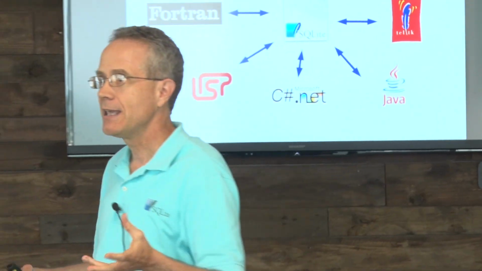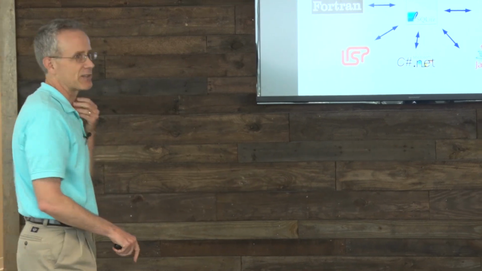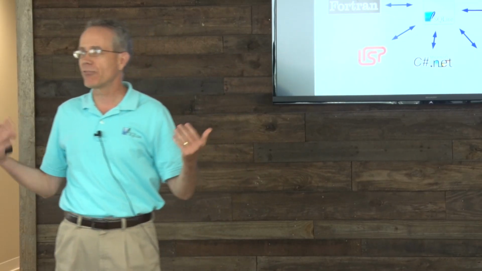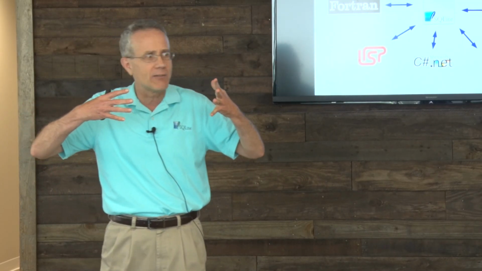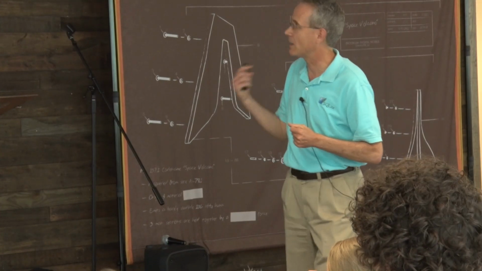Bentley buys up these companies, and their software is written in a huge variety of languages, like Fortran 4 or whatever. But now SQLite is their lingua franca, because all of these different programs can communicate easily with the database. It's completely interchangeable, and it becomes their central hub for getting a lot of people to work together.